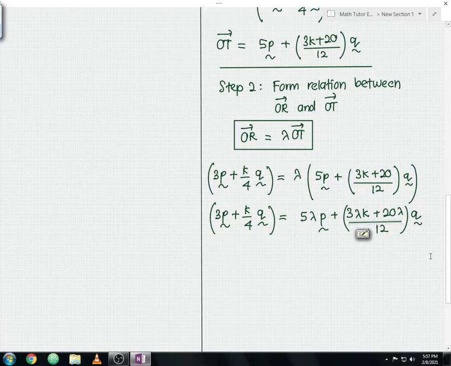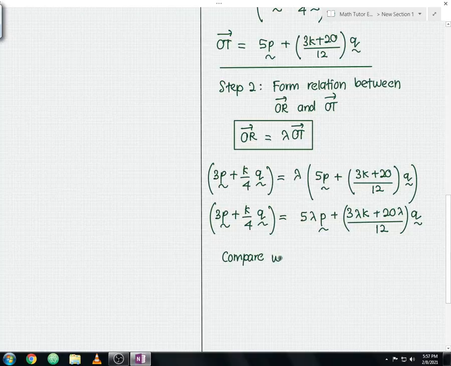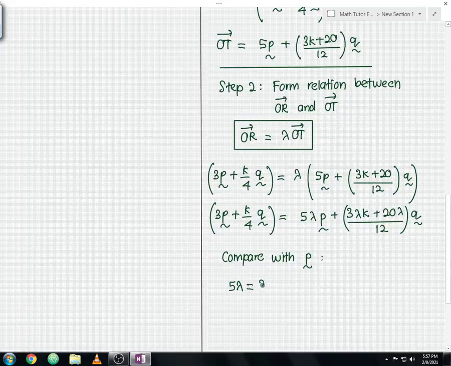So now you need to find the lambda value. Okay, you can compare either with component P or with component Q. In this case I'll recommend you to compare with component P because it is very direct over here, guys. So compare with component P. So from here 5 lambda is equal to 3.